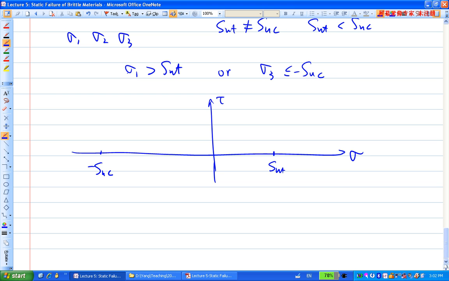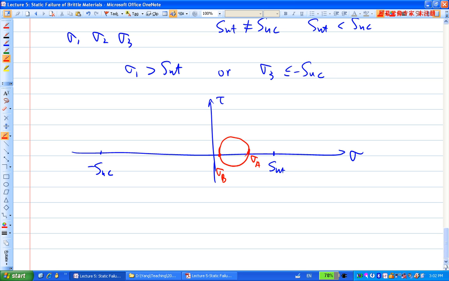So for the first case, maybe my Mohr circle is over here, and this is sigma A and this is sigma B.